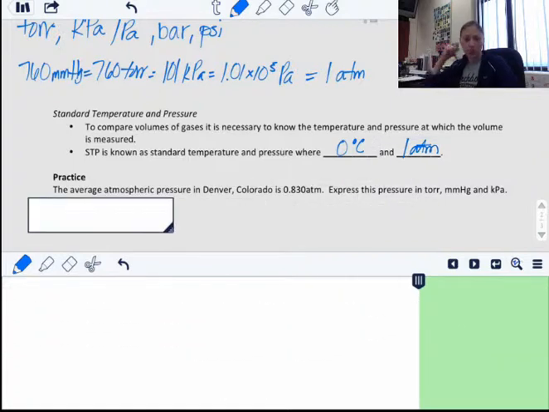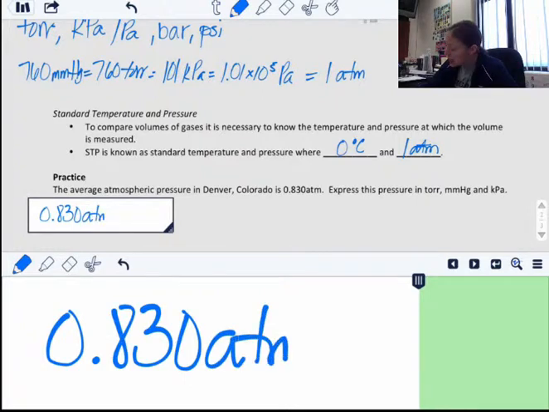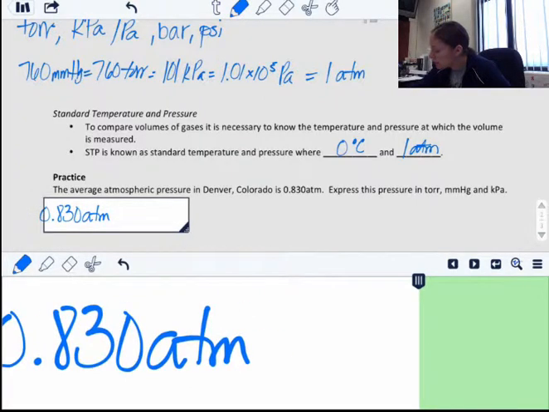Okay, now we're going to go ahead and try and convert some units. I want to convert the average atmospheric pressure in Denver, which is 0.830 atmospheres, and I want to express this in torrs, millimeters of mercury, and kilopascals. I just told you that in 1 atmosphere there are 760 millimeters of mercury.